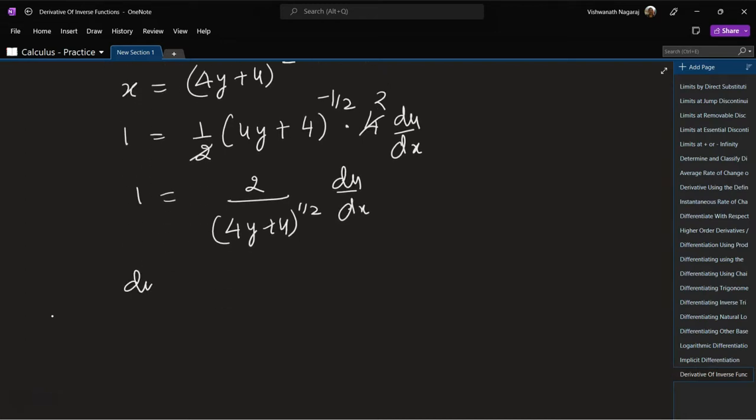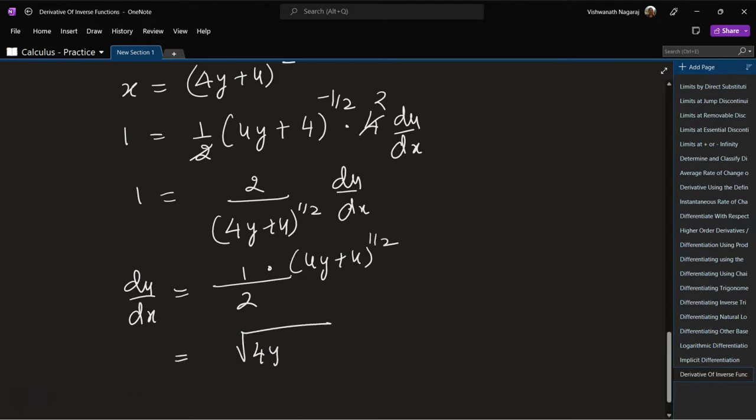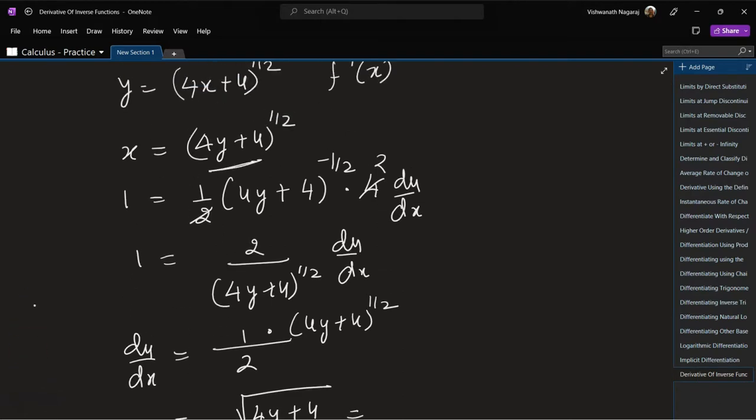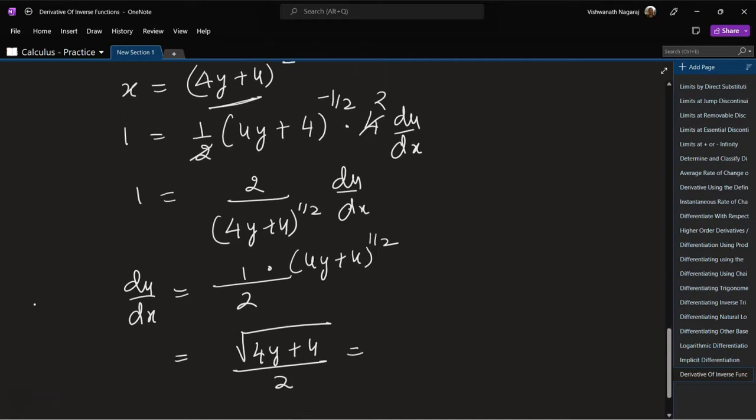Which means dy by dx is going to be, 1 by 2 will go down and this will go up, 4y plus 4 to the power of 1 by 2, which can be written as square root of 4y plus 4 by 2. Remember, x is nothing but square root of 4y plus 4. So 4y plus 4 square root is nothing but x. So x by 2.